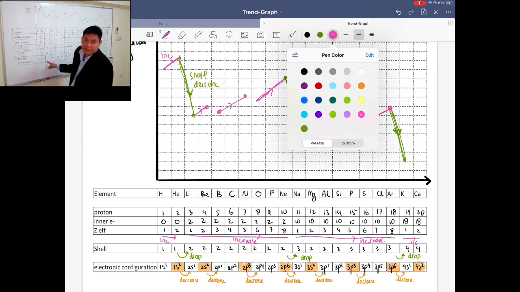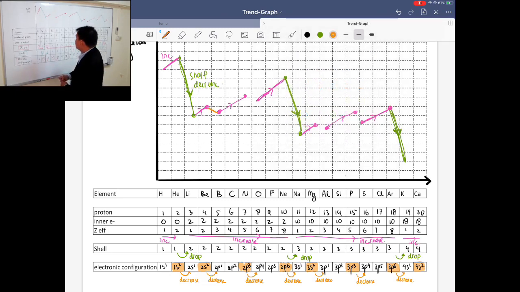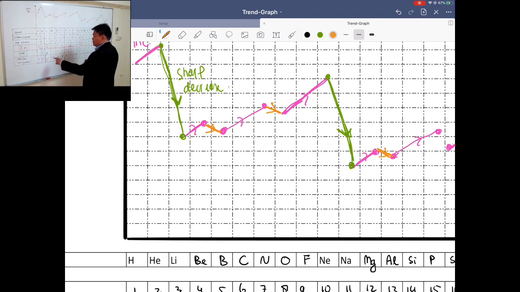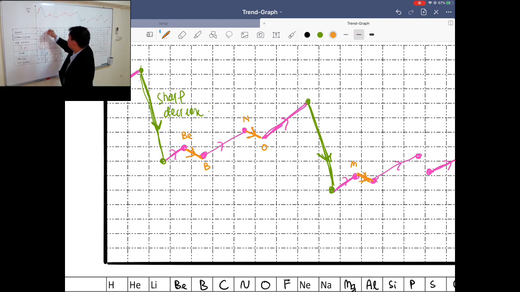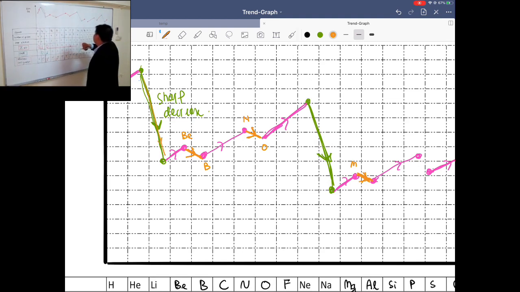As I mentioned, this orange arrow here represents a decrease. So there will be a slight decrease from beryllium to boron. Also slight decrease from nitrogen to oxygen. There will be a slight decrease also from helium to lithium. So from helium to lithium, there are two things that affect.